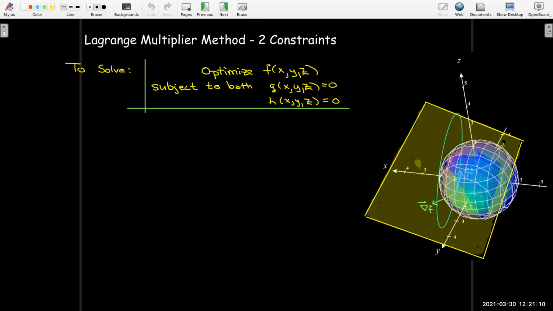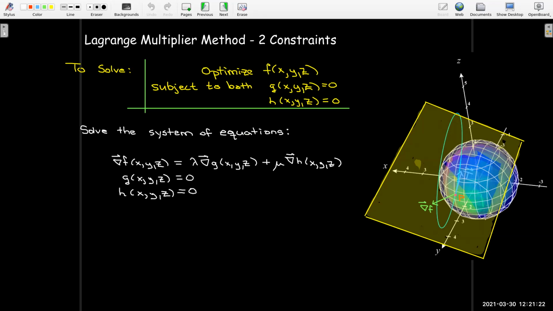And so when we have two constraints in our Lagrange multiplier method, our technique is to solve a system of equations. I need the gradient of f equals a multiplier times the gradient of g plus a different multiplier times the gradient of h, and then we have our two constraint equations.